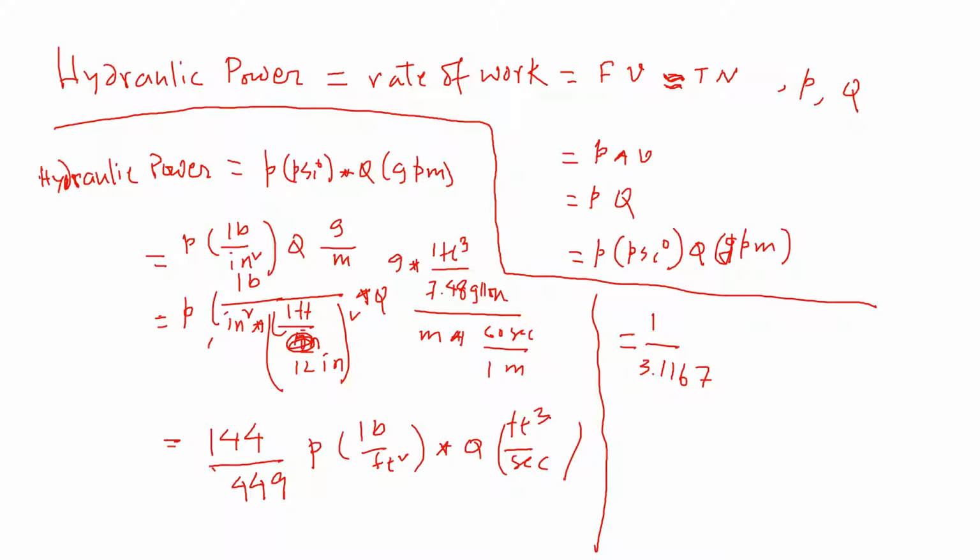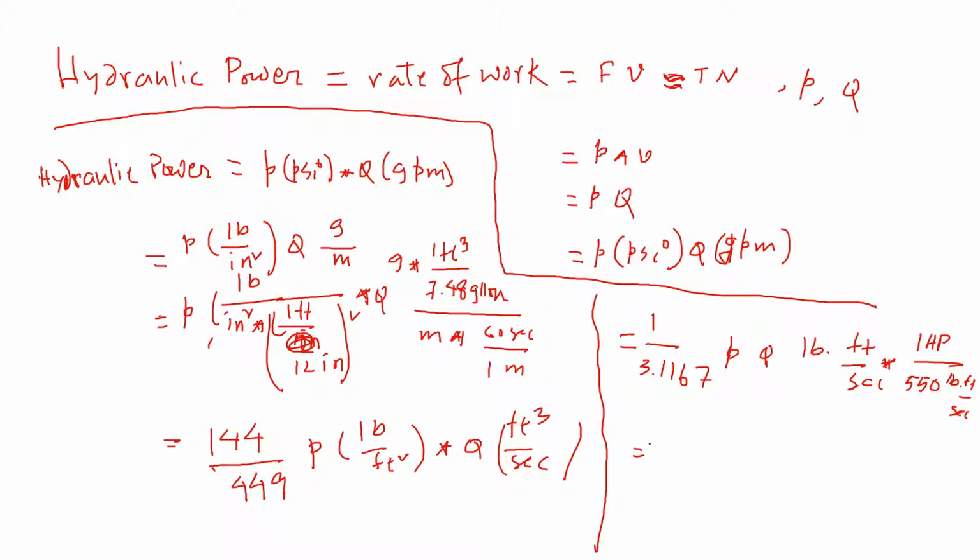I will have P and Q in pound feet per second. As you know, if I want to convert that to horsepower, 550 pound feet per second is 1 horsepower. So pound feet per second cancels out.